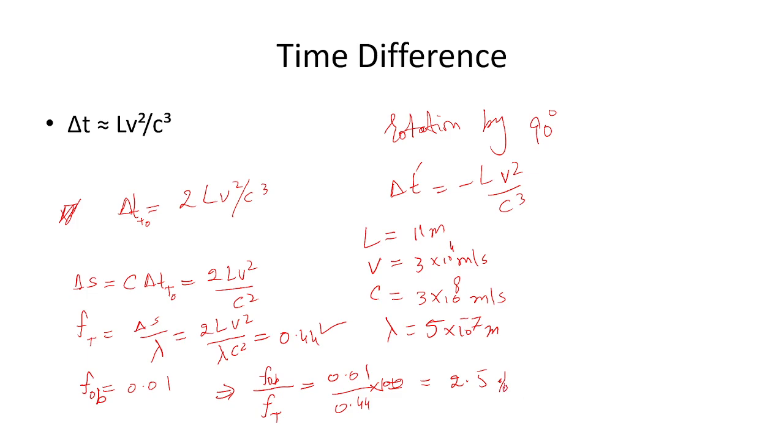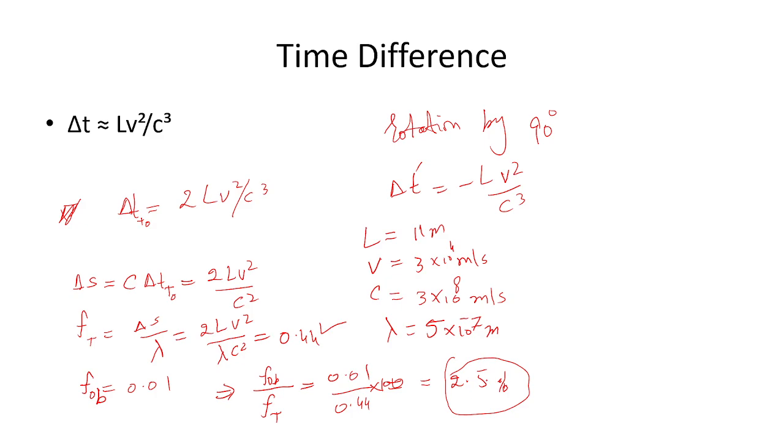So this is the result of the Michelson-Morley experiment. You see, it is a negligible percentage. That is why this experiment tells us that there is no ether. For the presence of ether, this percentage must be about 60 to 70%.